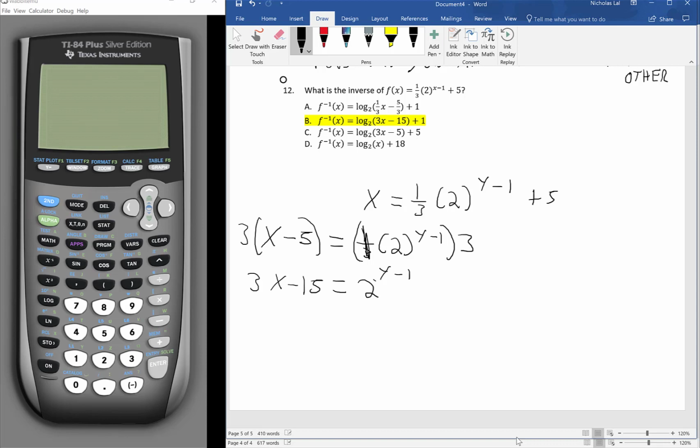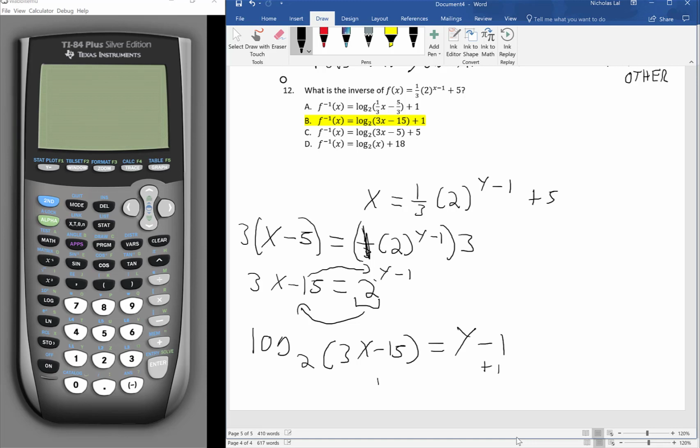So we need to take a logarithm. The log base 2 of 3x minus 15 is going to equal y minus 1.